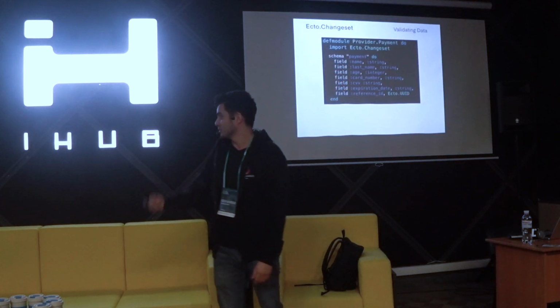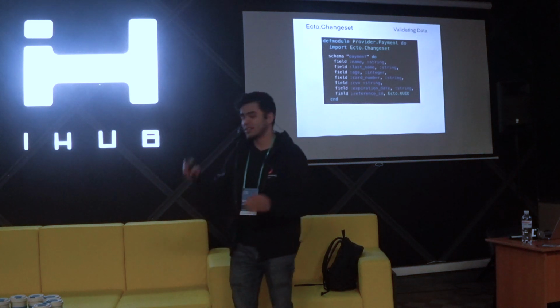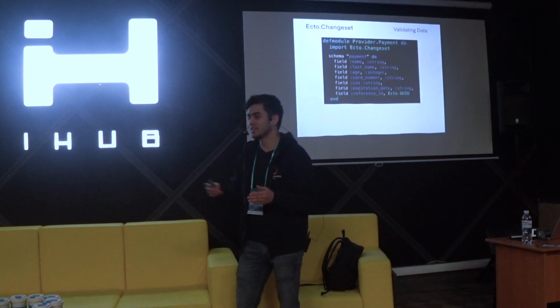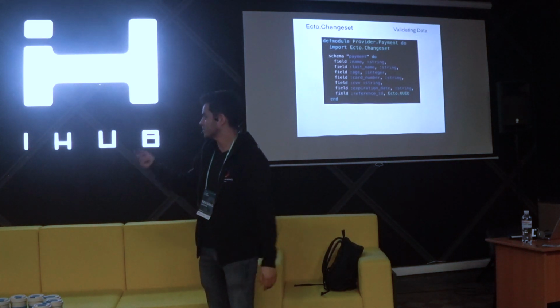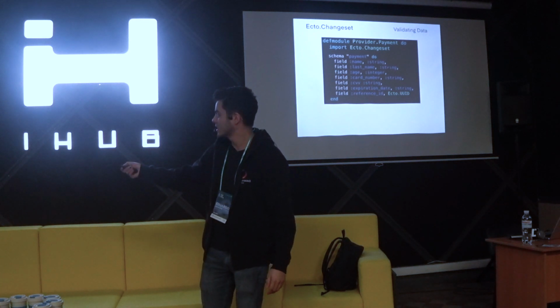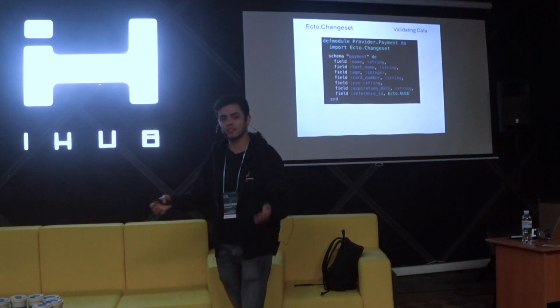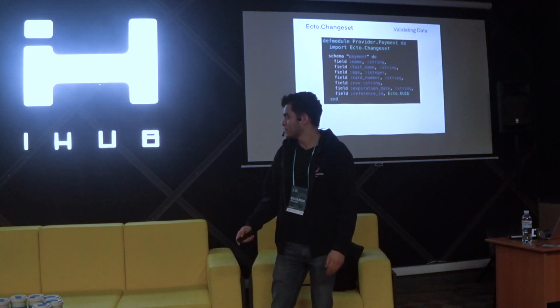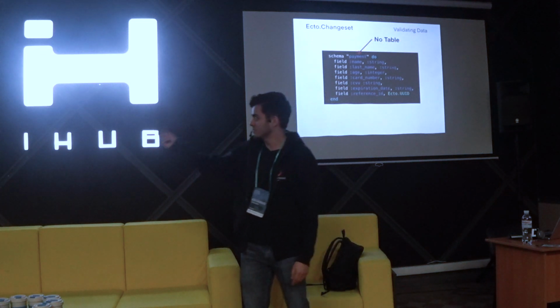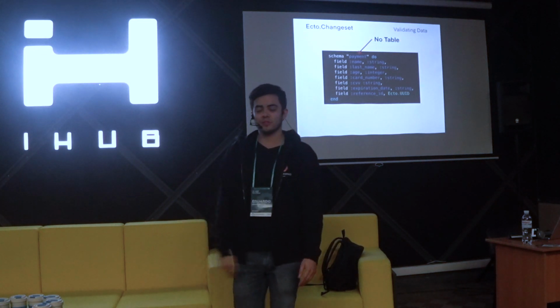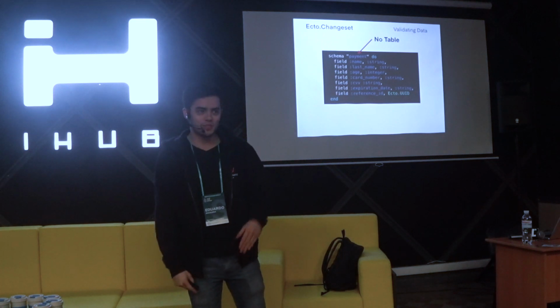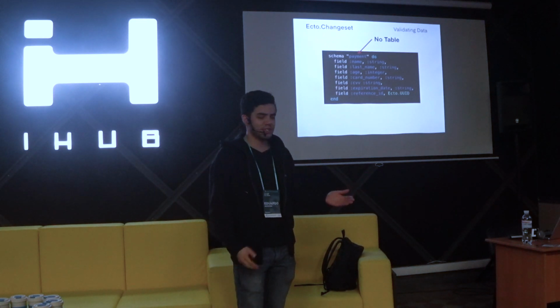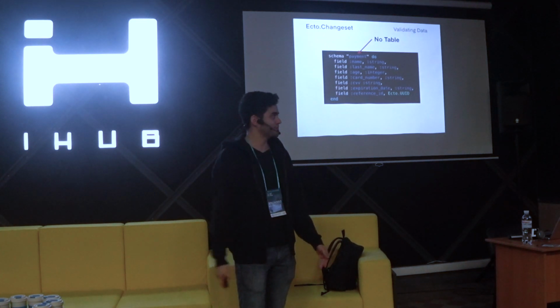So this is how it looks, regular Elixir code with the Ecto library. You have your schema, with fields and types, right? It's just data representation in your code. But you have the problem that you don't have a table, right? You are talking with a third party. It can be an HTTP service, for example.